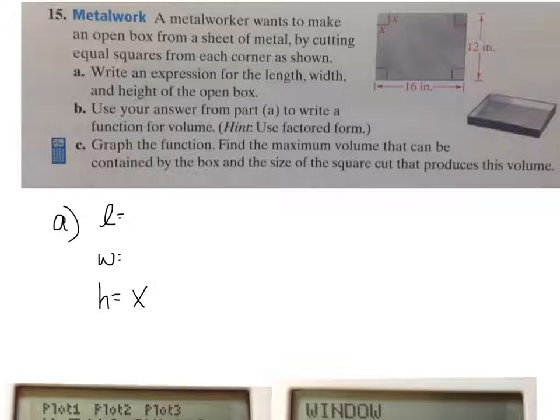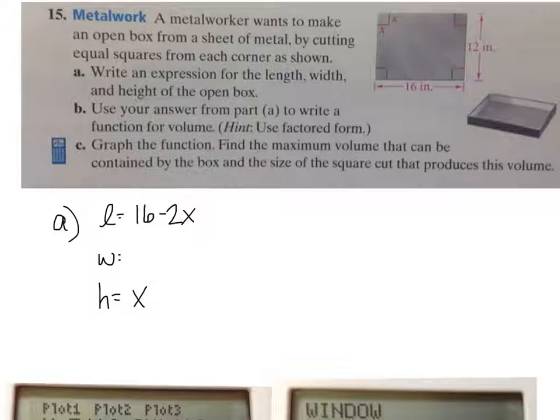Now, length. We're going to go from this 16 inches down to whatever this is. So 16 inches, what's going to be taken away right here? X. What's going to be taken away right here? X. So how would we write that? Close. It's going to be 16 minus 2x, because this just happened twice.